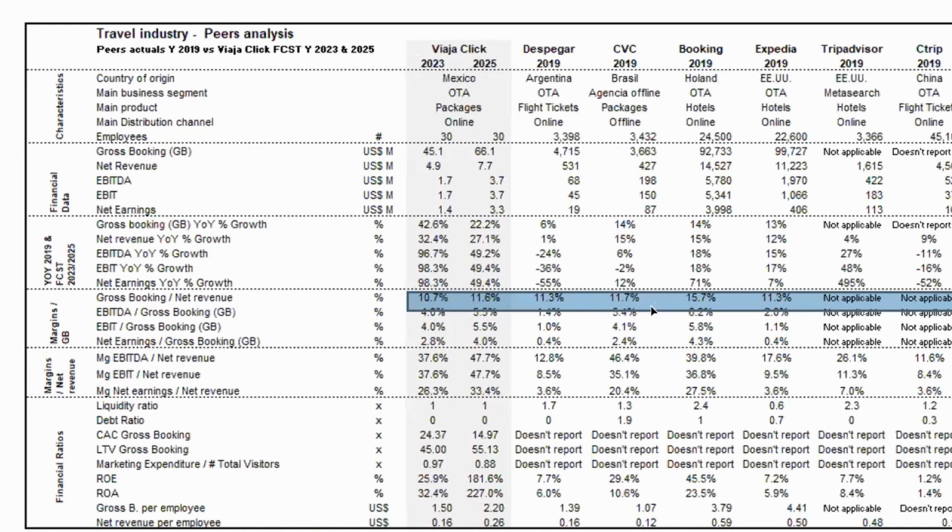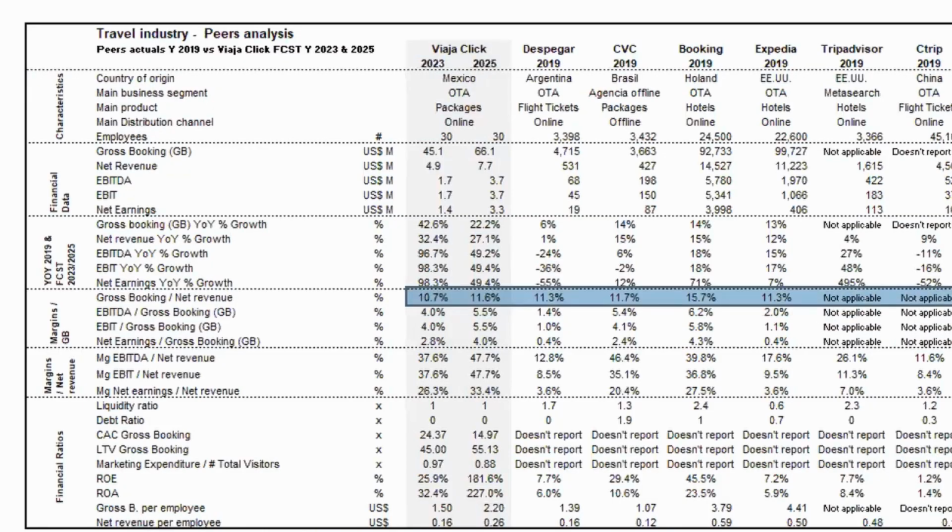Somebody? Gross booking are the net sales, and the net revenue, it's the bottom line. Profit against sales, it's only an easy equation. But what can you conclude from this analysis?